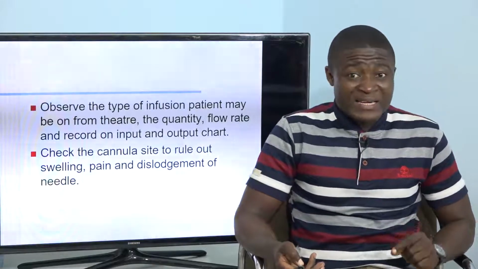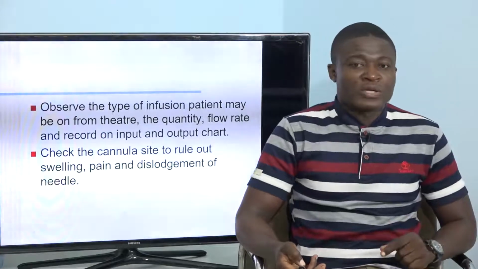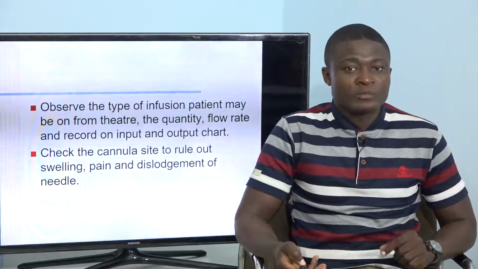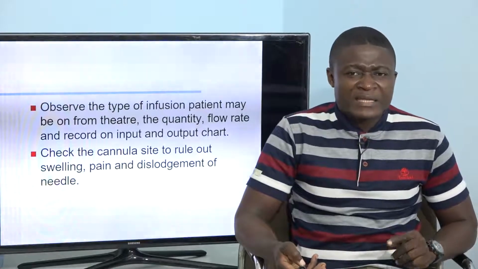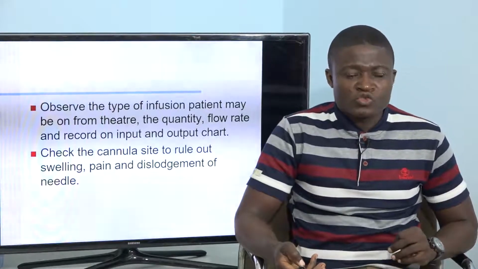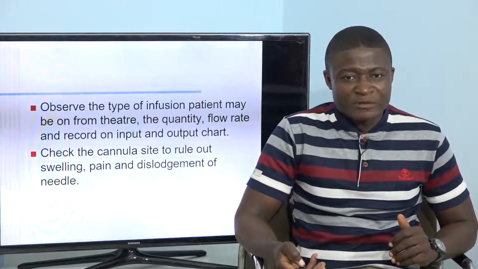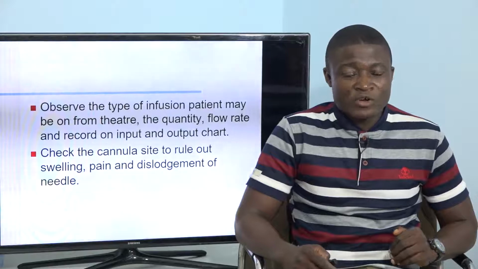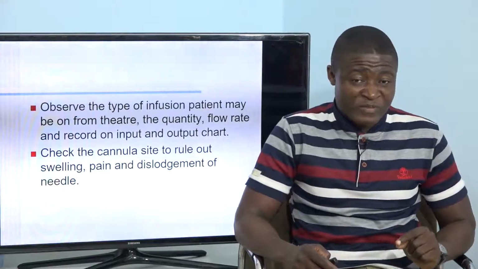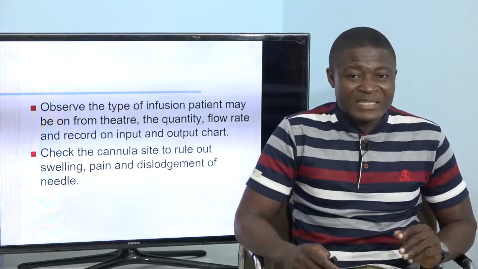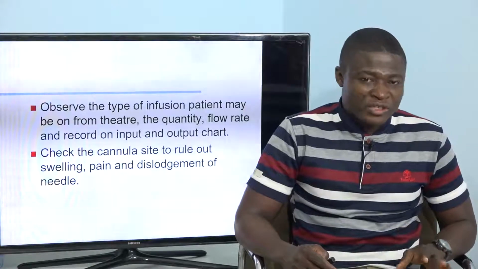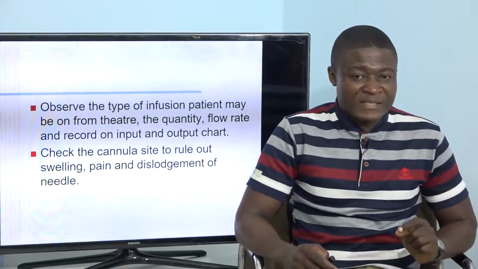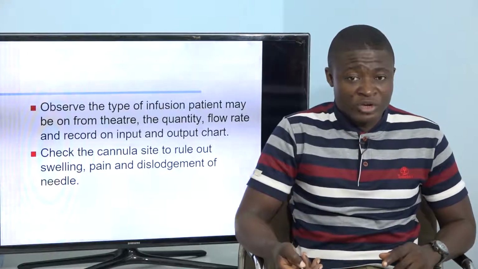Check the flow rate that has been recommended by the surgeon, and make sure you do your calculation to give the right dosing. Check the cannula site to rule out swelling, pain, and dislodgement of needle. So at the site where the cannula is, observe there as well as part of your observation. Make sure the cannula is intact. Make sure it is not tissued. Make sure the fluid is running smoothly without blockade or leaking.